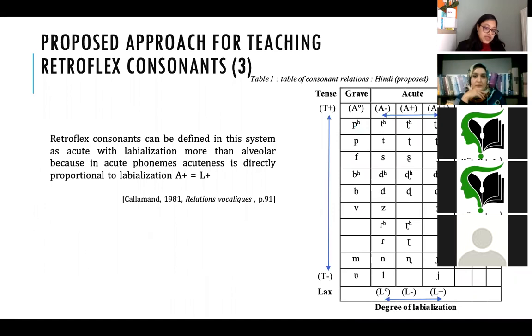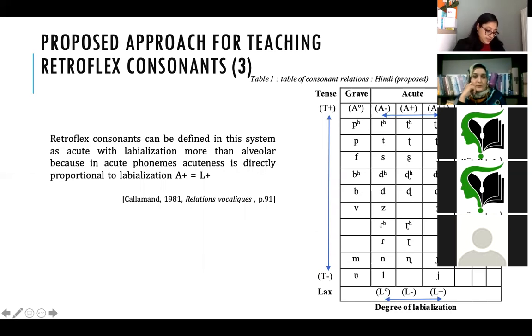To which, once again, the findings were considered, and thus retroflex consonants can be defined in this system as acute with labialization more than alveolar, because in acute phonemes, acuteness is directly proportional to labialization.